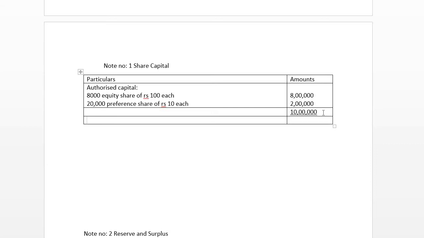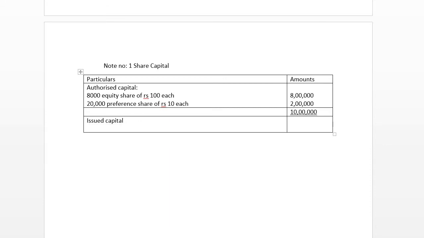Then once we have the authorized, out of that the company starts issuing. Whatever I am going to take here, those are all imaginary in nature. Assume that in issued capital, assume that 6,000 equity shares of rupees 100 each.